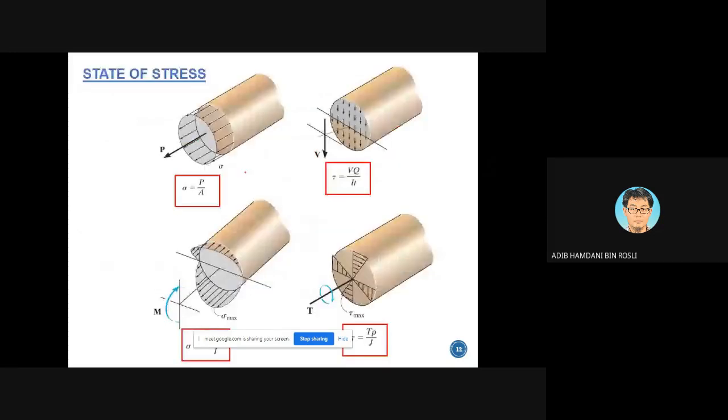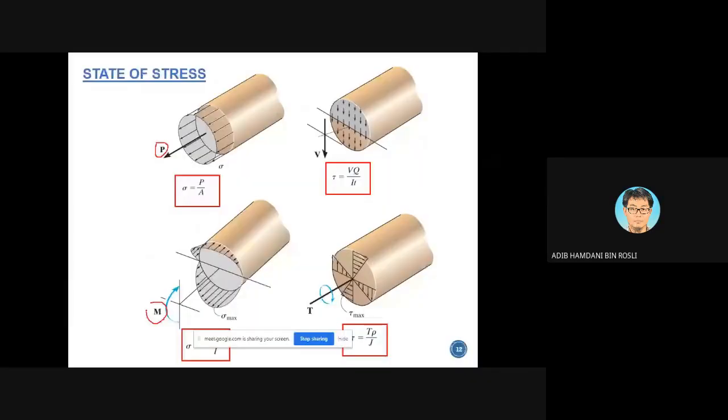So this is what we discussed about the state of stress due to internal normal force P. Then you will have internal bending moment M, like this.